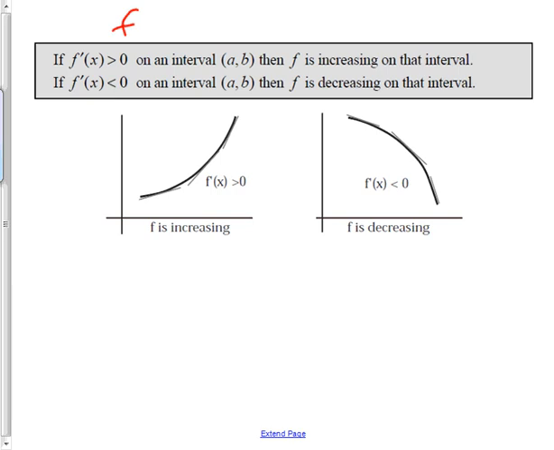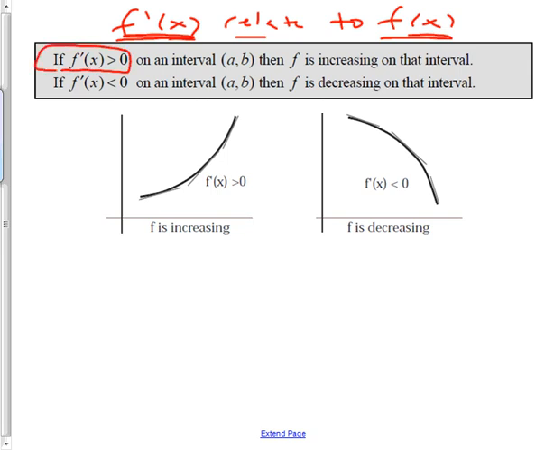So how does f prime of x, how does the derivative function relate to f of x? We said, if the derivative function is greater than 0 on some interval between a and b, so here's a to b, then f must be increasing on that interval.